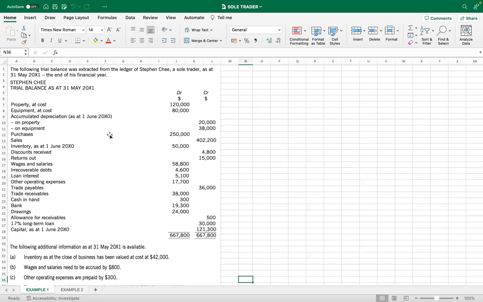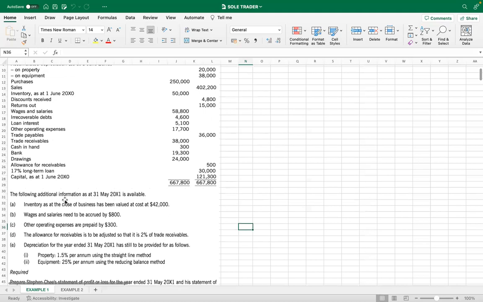So we have our purchases, we have our sales, we have inventory as at 1st June, we have discounts received, return outwards, wages and salaries, irrecoverable debts, loan interest, other operating expenses, trade payables, trade receivables, cash in hand, bank, drawings, allowance for receivables, 17% long-term loan, and we also have capital as at 1st June 20X0.